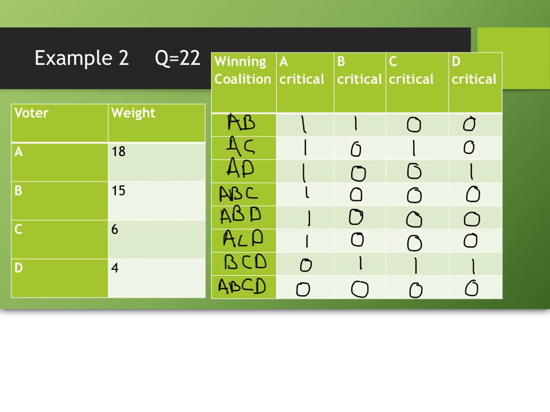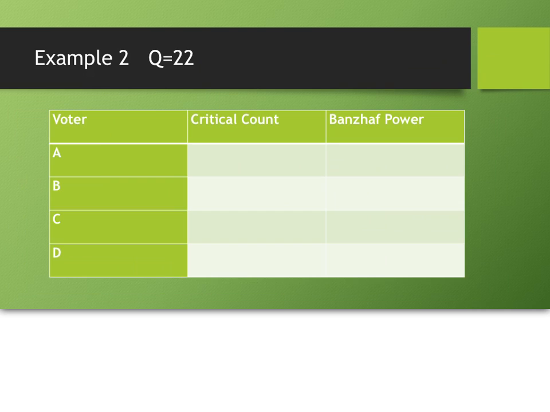All right? So first off, let's do a count before we go on to the next slide. We have A is 1, 2, 3, 4, 5, 6. B is 2, C is 2, and D is 2. So that gives you A has a critical count of 6, 2, 2, 2.